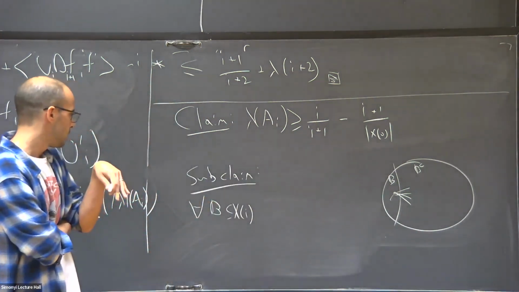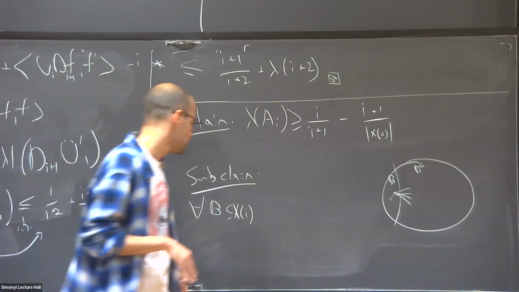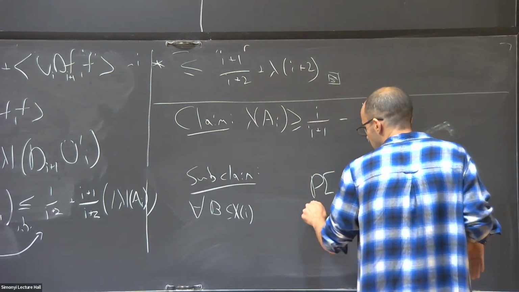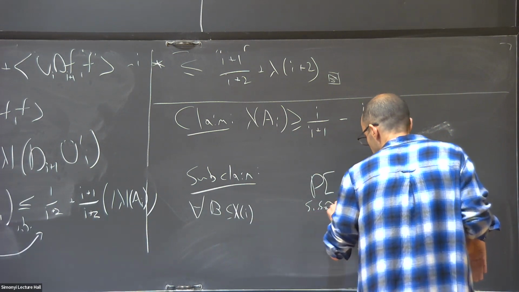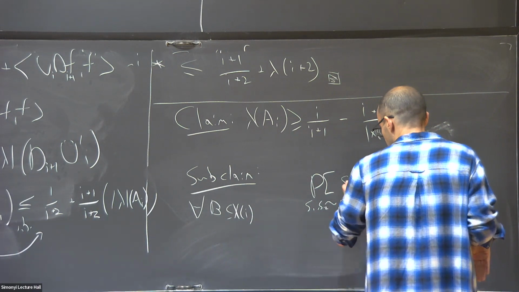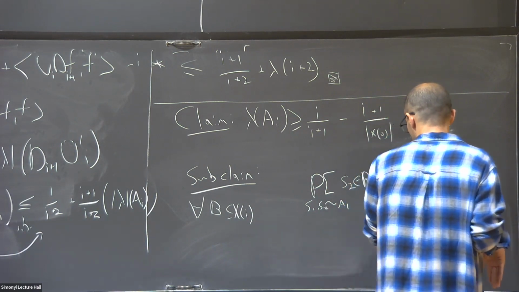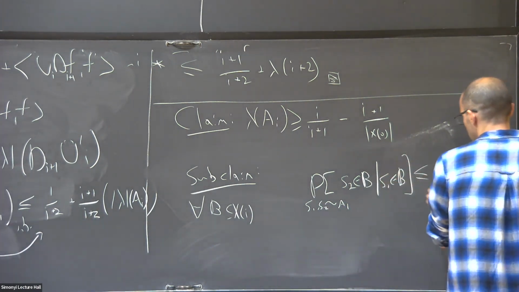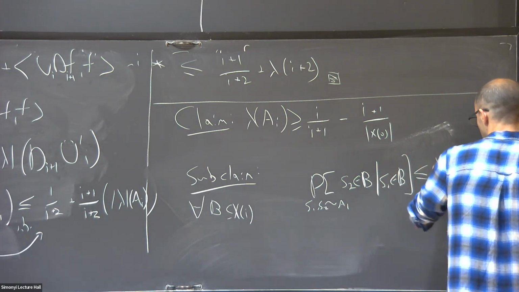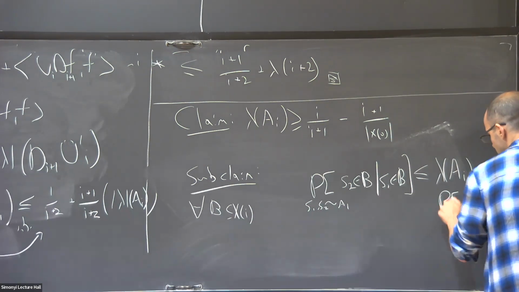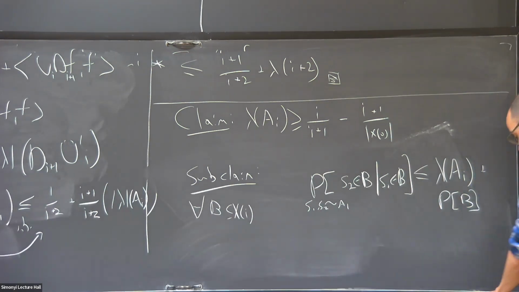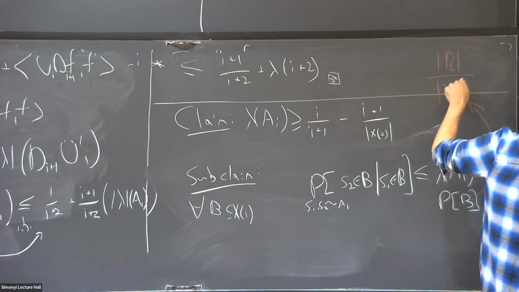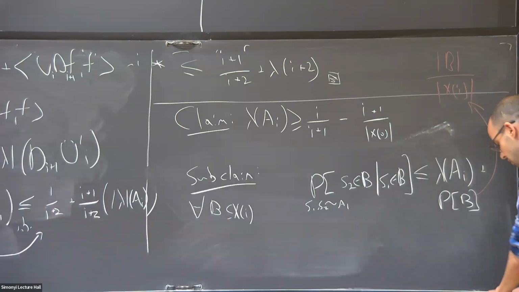So my subclaim says that for every B, the probability of staying inside B, given that you started inside B, is at most lambda(A_i) plus the probability of B. Here, when I say probability of B, I just mean the size of B, because our complex is regular and so on.